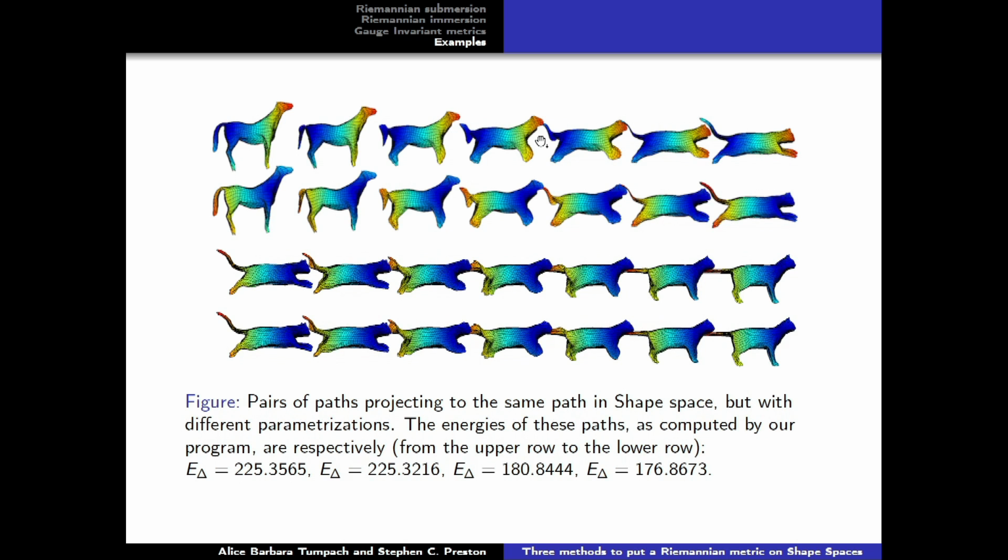Because there is no cost in the vertical direction, all the lifts have the same length, and this is a property that is called gauge invariance, because there is a group not only of a fixed reparametrization acting on each time of the deformation, but you can vary your group element with time.